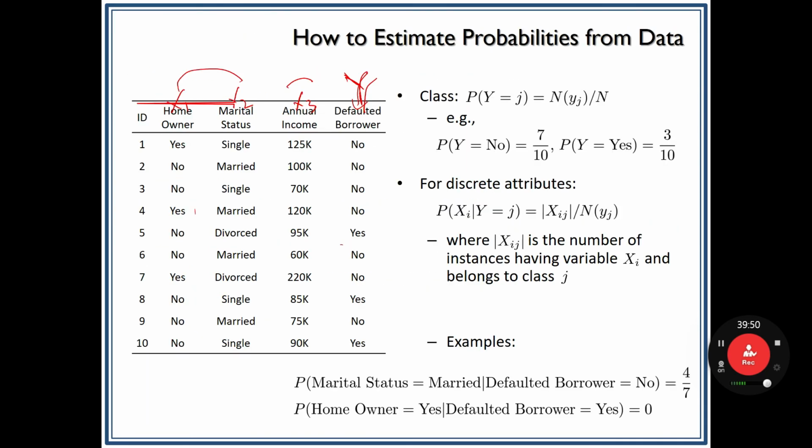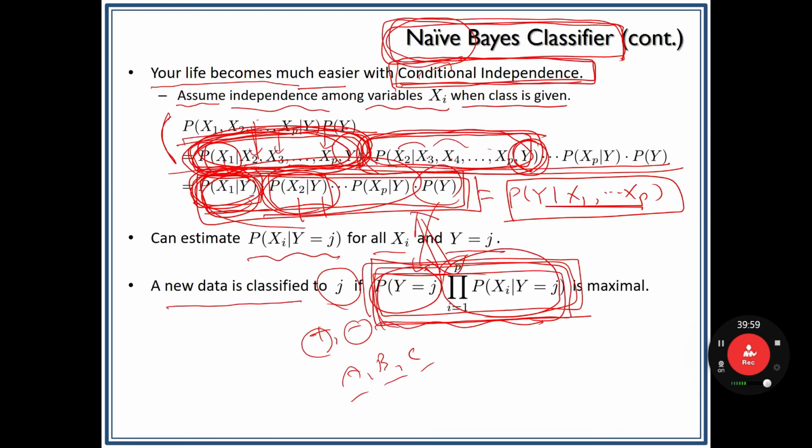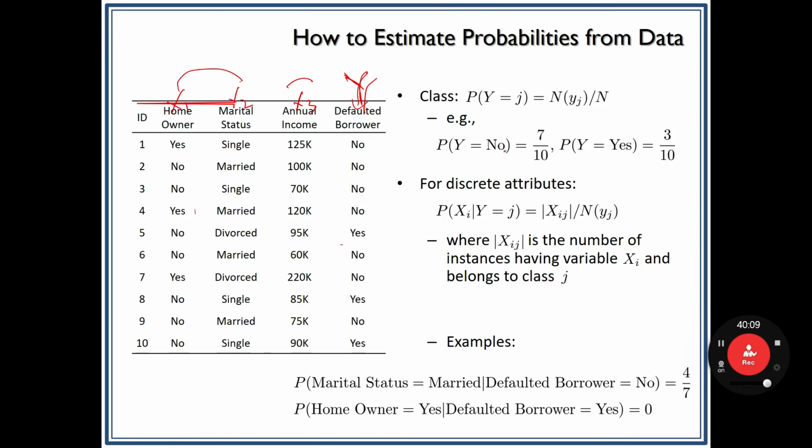So from this table, what we have to do to train a classification model is estimate all of these conditional probabilities and this prior probability. Estimating the prior probability is given here. What is the probability that y equals no, based on our data set?